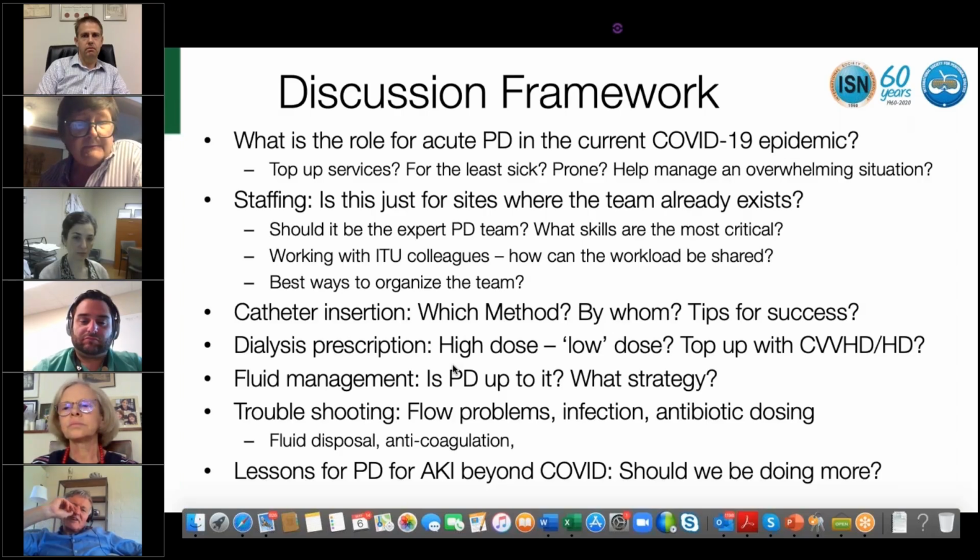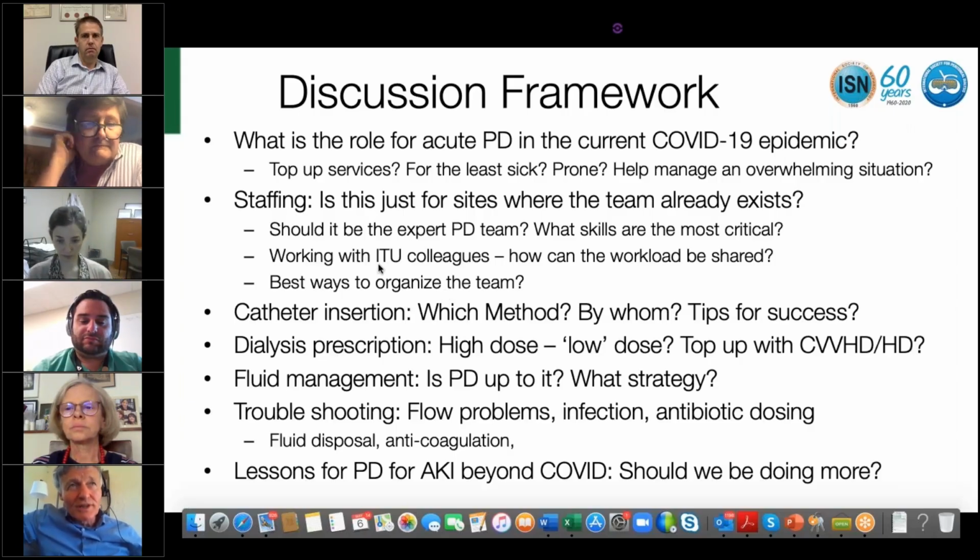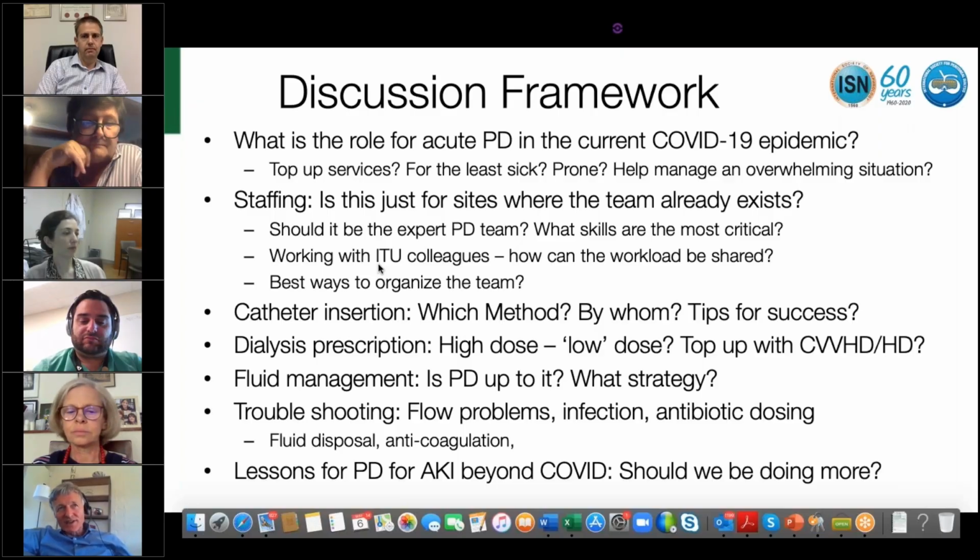Yeah. Okay. So in our unit, we have a long history of putting catheters in under local anesthetic by nephrologists, or in Elaine's case, a nurse. And therefore, that's what we've used on ITU. We have involved a radiologist, partly as a point of principle, and we've taught him how to do it, and he's now doing catheters on his own under ultrasound control, although not with fluoroscopy.